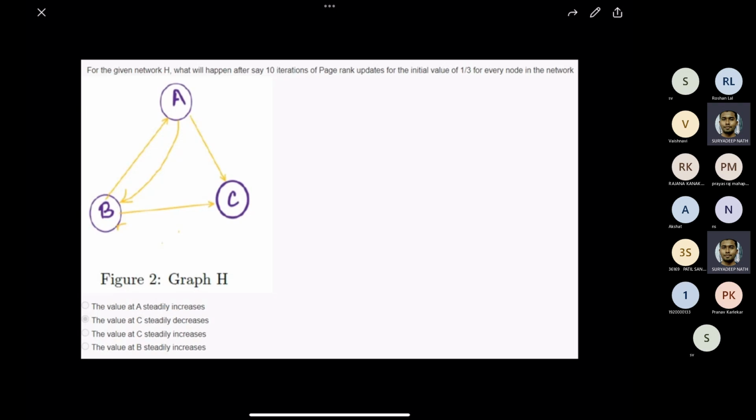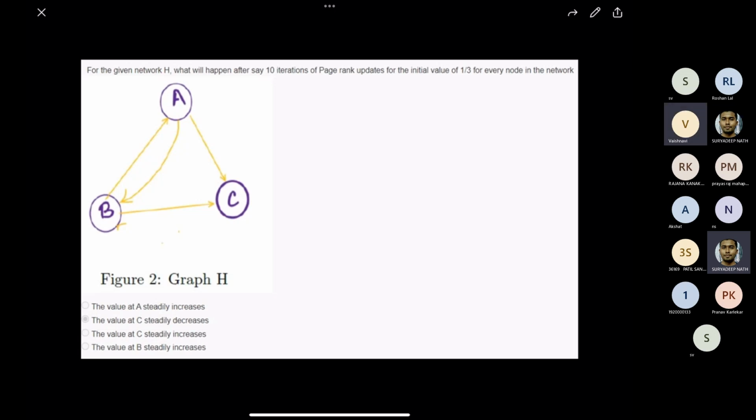So the page rank of C would steadily increase, because A and B would distribute points among themselves, but ultimately they will give it to C, since C does not pass it on to anyone else.